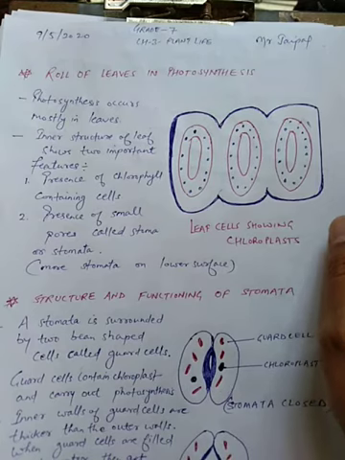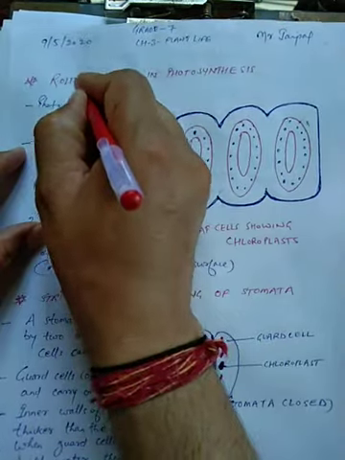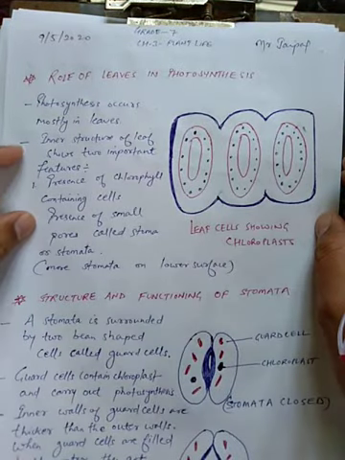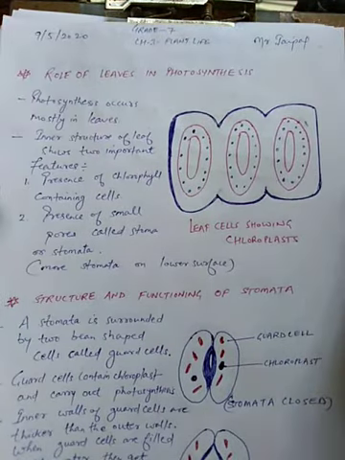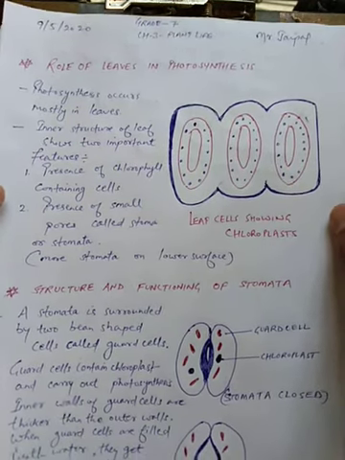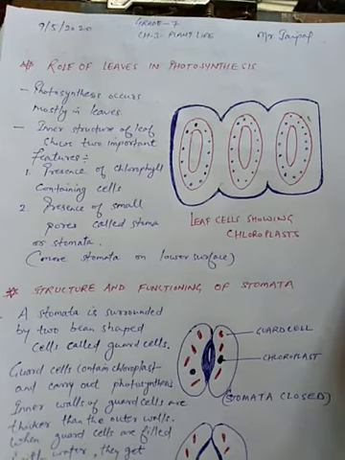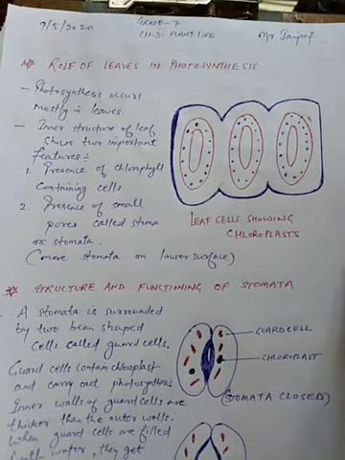Now today we are going to discuss the role of leaves in photosynthesis, and the structure and functioning of stomata. Then we will discuss respiration in plants, how the process of respiration occurs in plants, and at last the difference between respiration and photosynthesis.